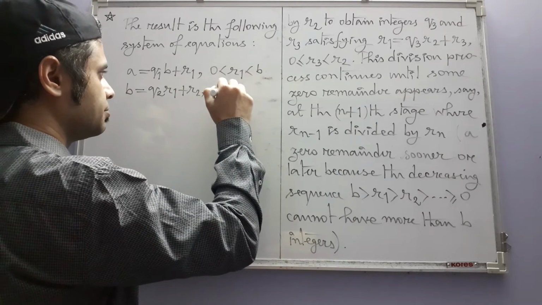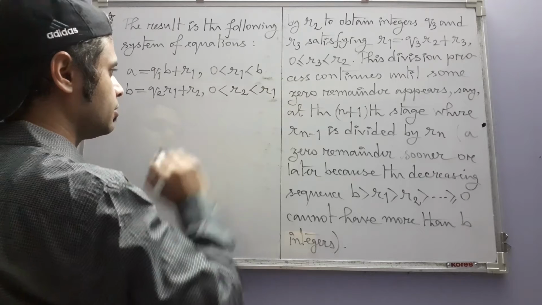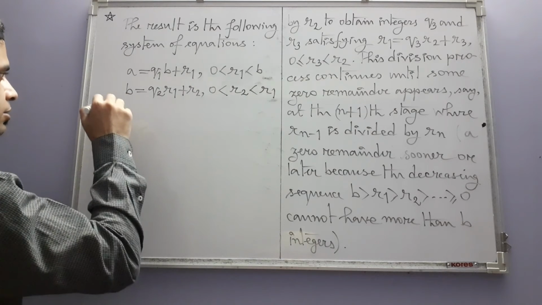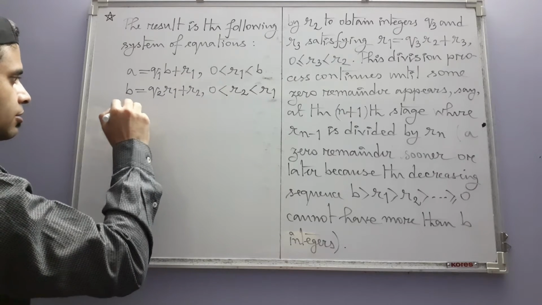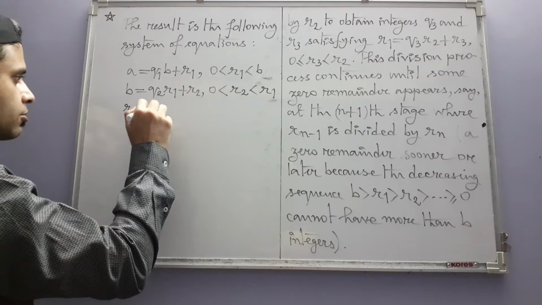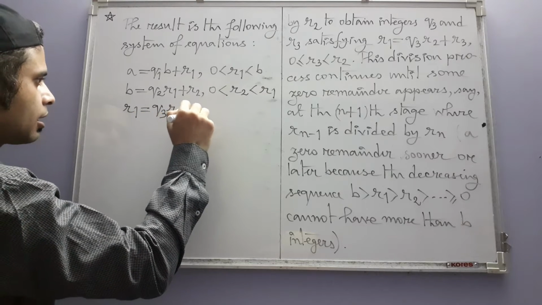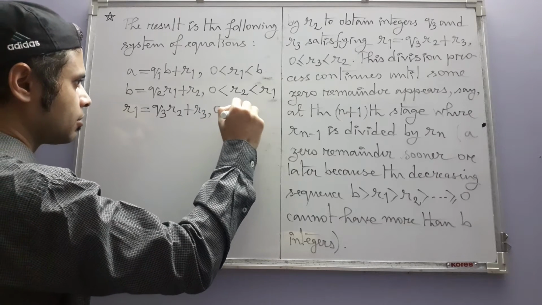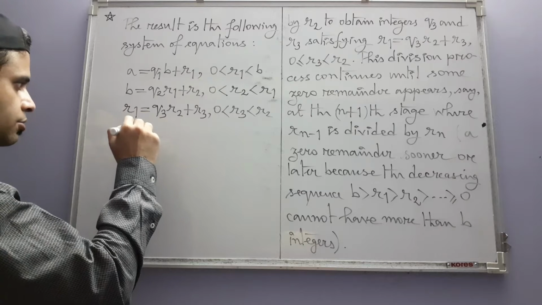Just like that, R2 is greater than 0 and less than R1. Then let's write another one. Next we divide R1 by R2 to get quotient Q3 and remainder R3, where R3 satisfies these inequalities, and it goes like this.